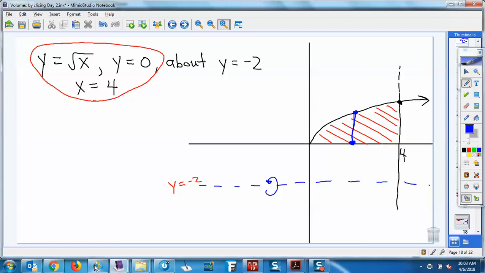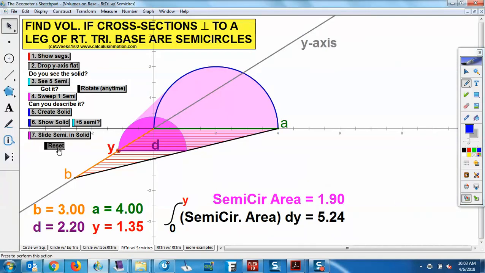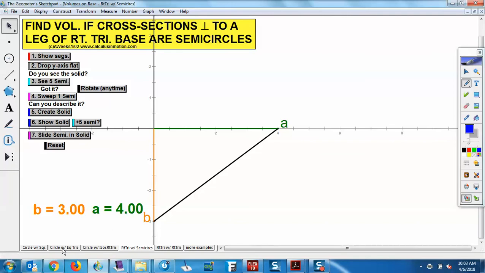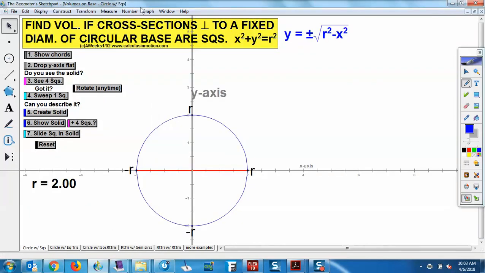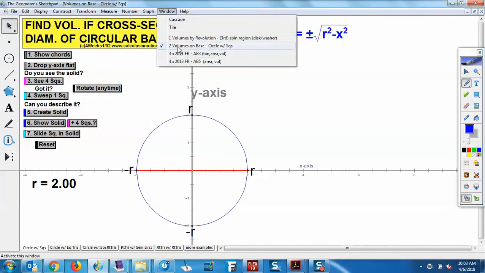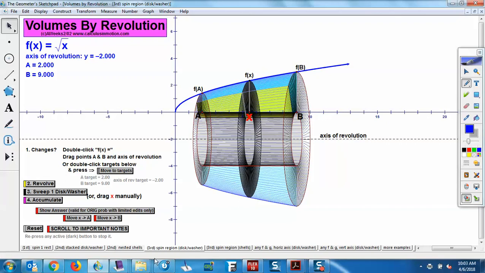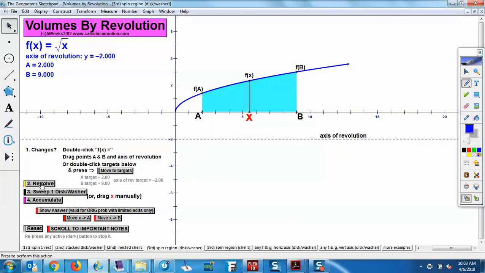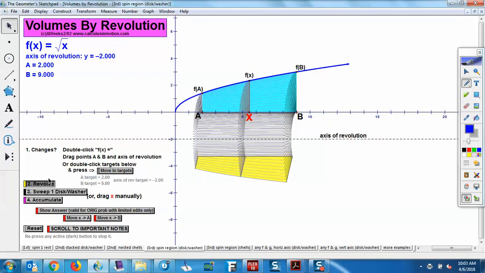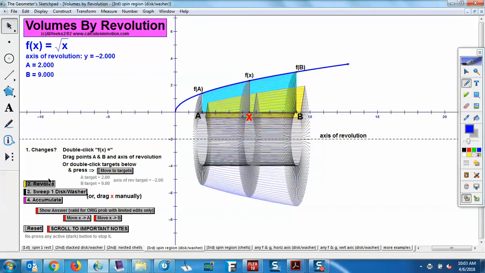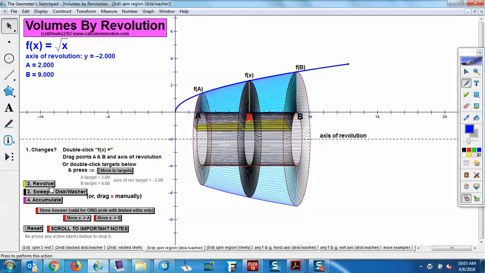Now, let's take a look at that picture. Okay, so we take this region and we revolve it, and there it is, right? Because remember, it goes around the axis of revolution.